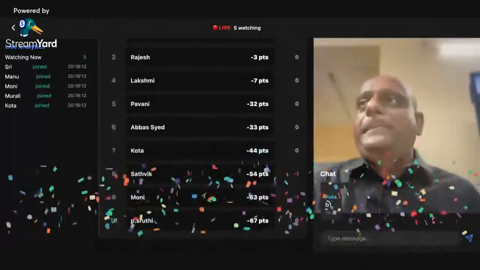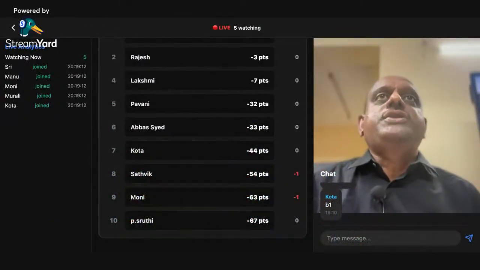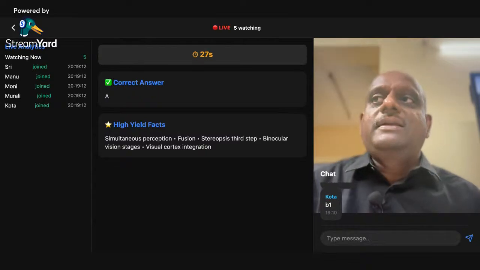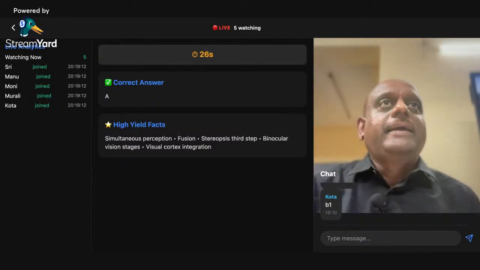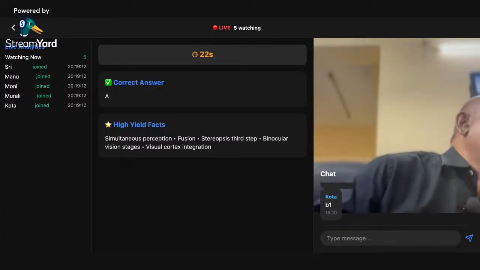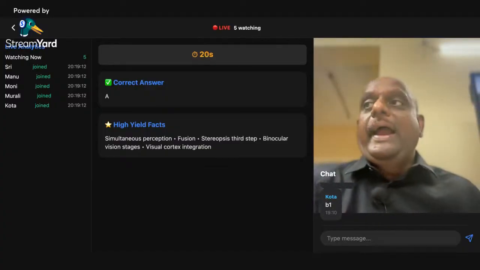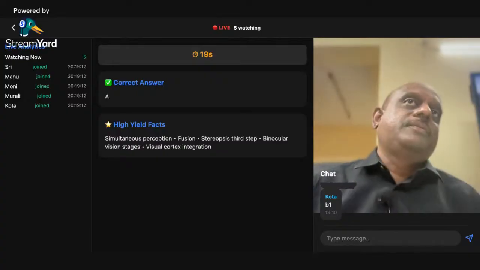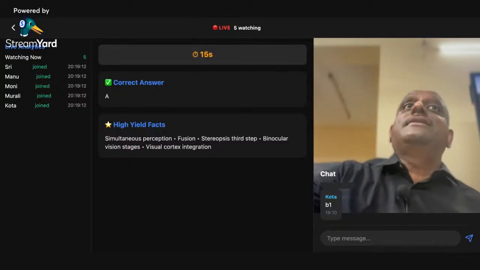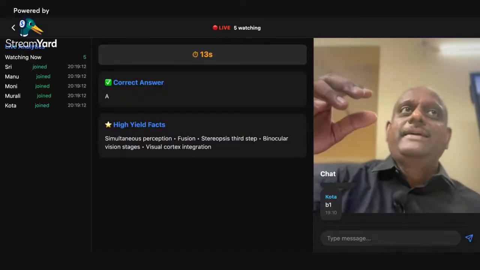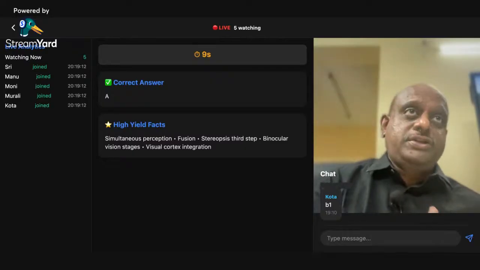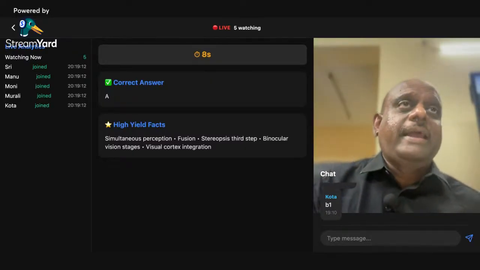So it is simultaneous perception, fusion, and stereopsis is the third step. Stereopsis means perception of depth. And binocular vision stages, which we need to remember. Once more, strabismus, concomitant squint, different types of strabismus, divergent and convergent squint, everything you should know.